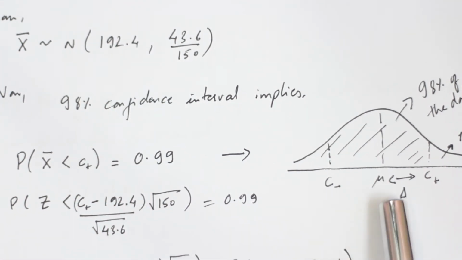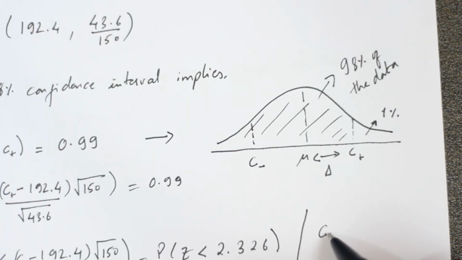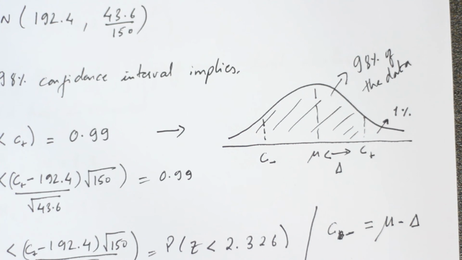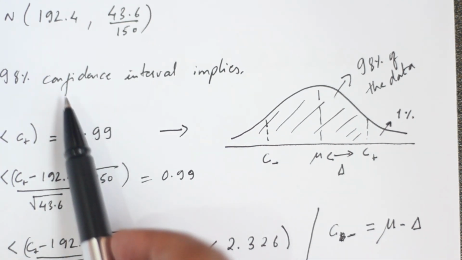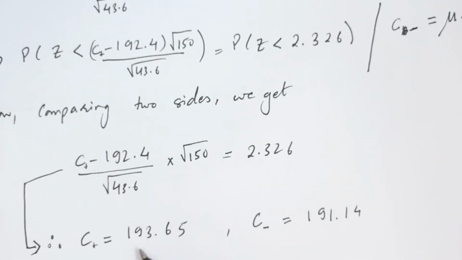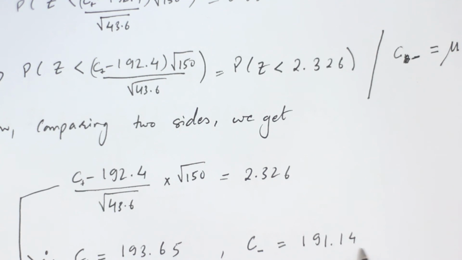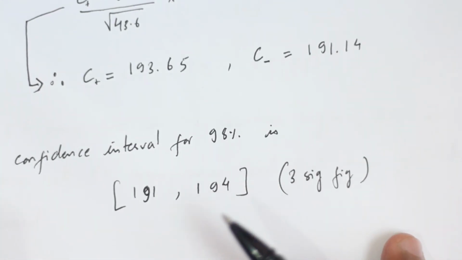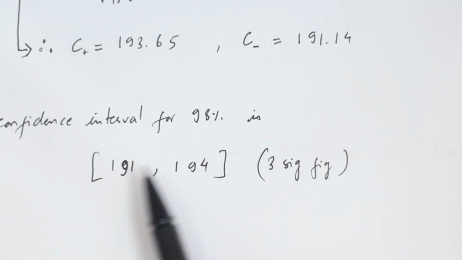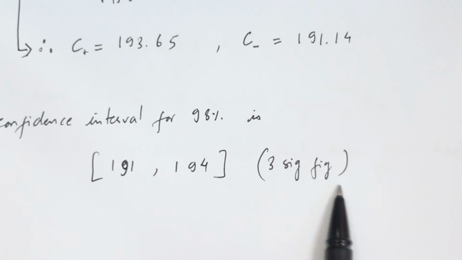So C minus is just mu minus delta. If you just subtract delta from 192.4, you get 191.14. Hence the confidence interval is 191 and 194 to three significant figures.